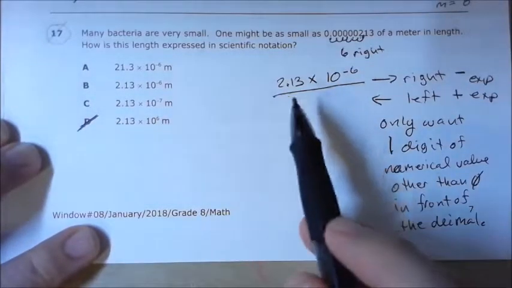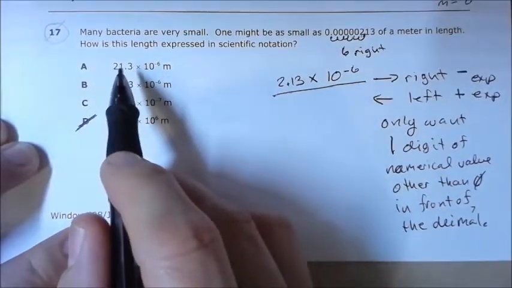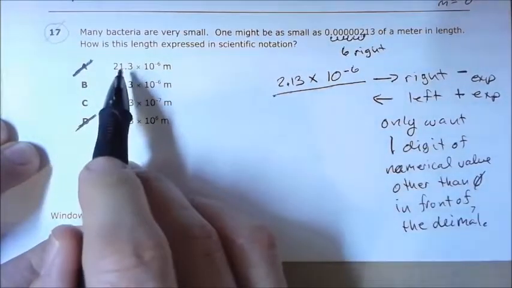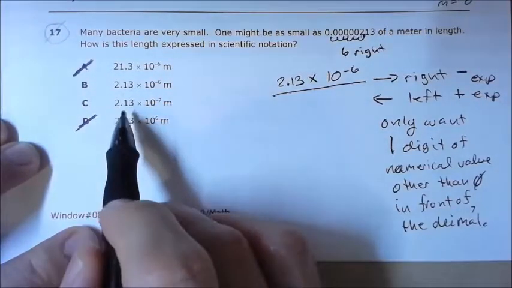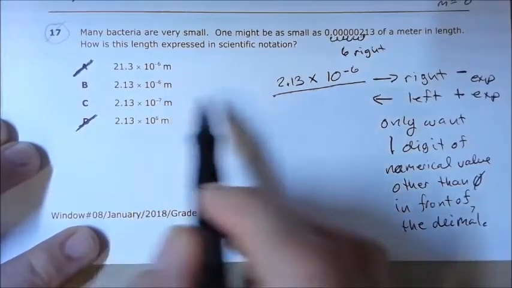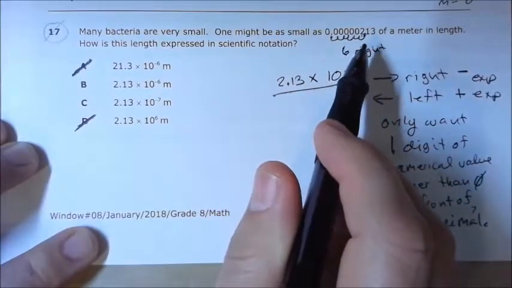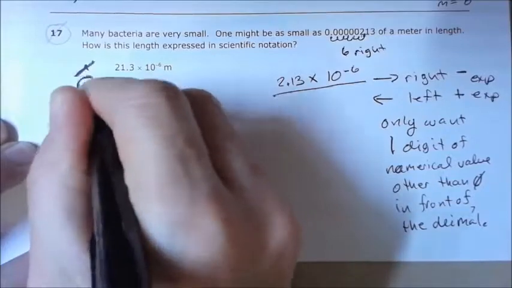So we just need to see which one matches this. Well, this one says 21.3, right? That's got 2 digits in front of the decimal. That breaks the rule of having only one digit in front of the decimal that's not 0. Both of these have 2.13, but notice this one says to the power of negative 7. And that would be wrong because we only moved the decimal 6 places over. So C is incorrect, and B is the correct answer.